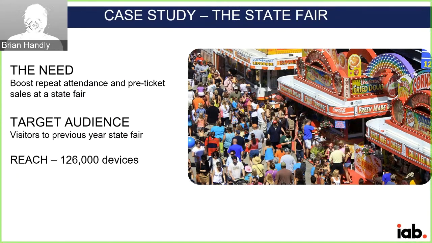And they had roughly 126,000 devices that they could place at the fair last year. So obviously that gave them a really good audience to target to try to drive to the fair this year. I'll cover the results on the next slide.